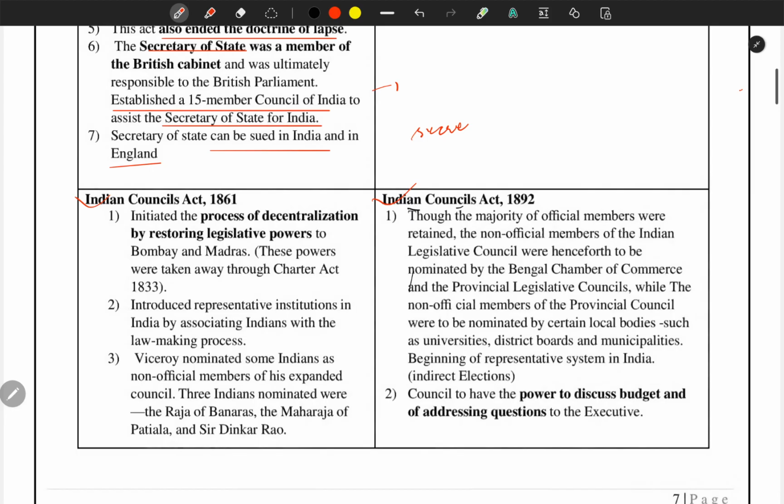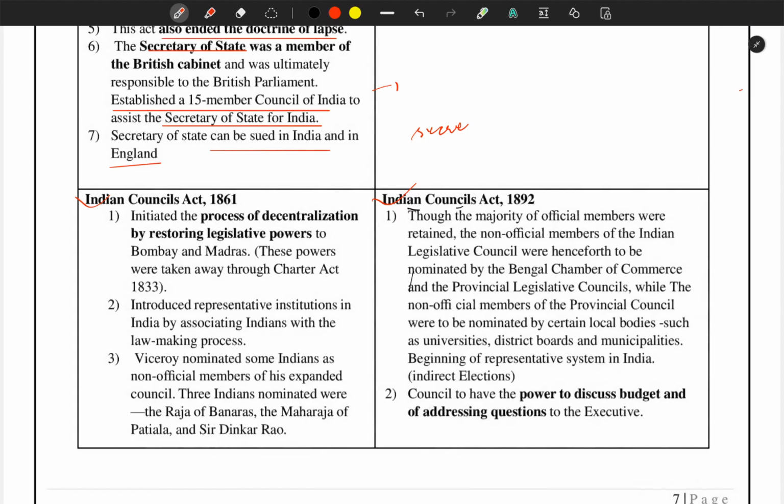So it is time for another important act, the Indian Councils Act of 1861. This act made some important provisions. It initiated the process of decentralization by restoring the legislative powers of Bombay and Madras.